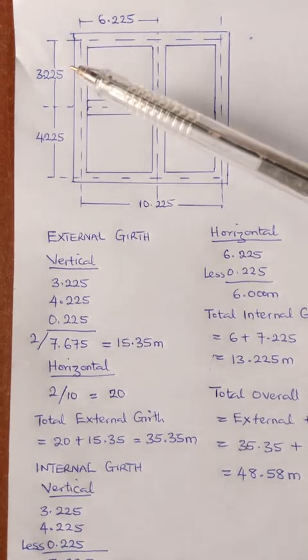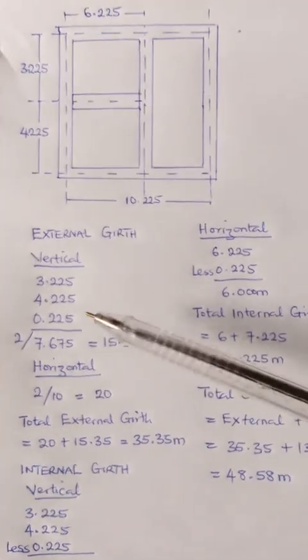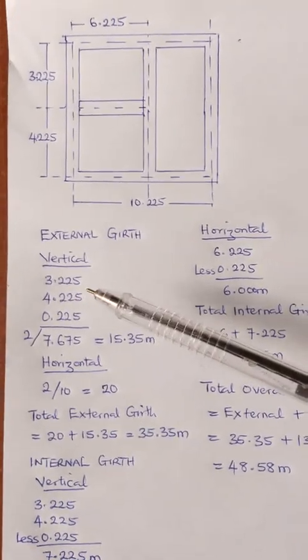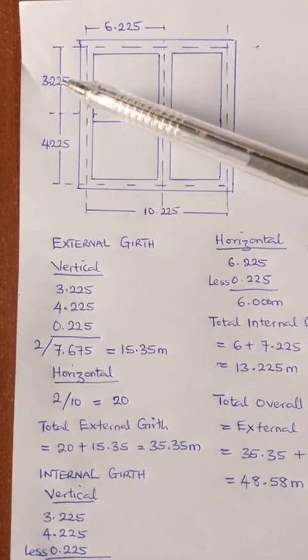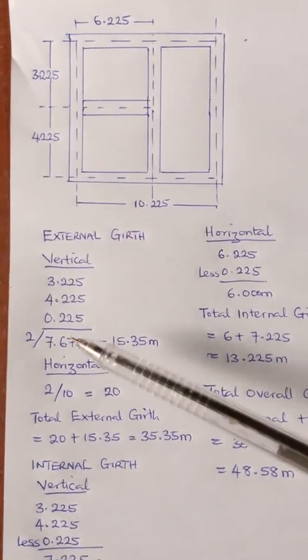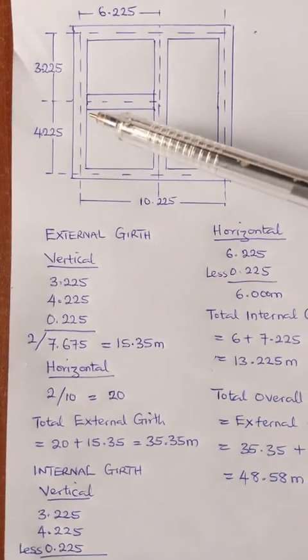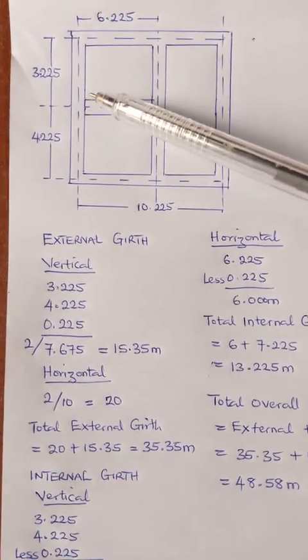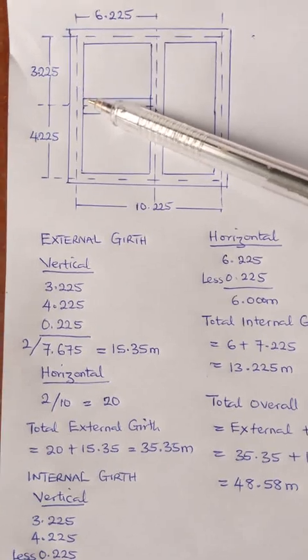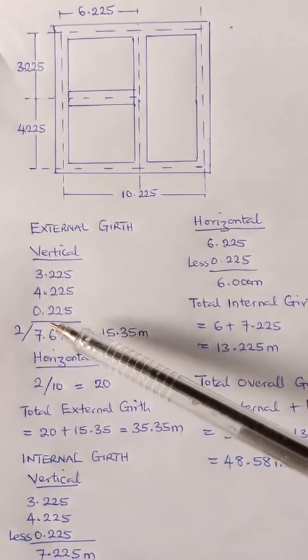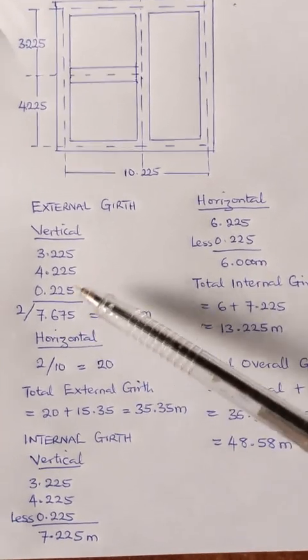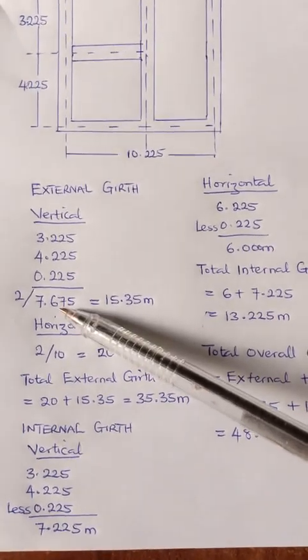So here we have 3.225 meters plus 4.225, that is this plus this. Then we add this; half this way becomes 0.225. When you have that, this is the summation of it.